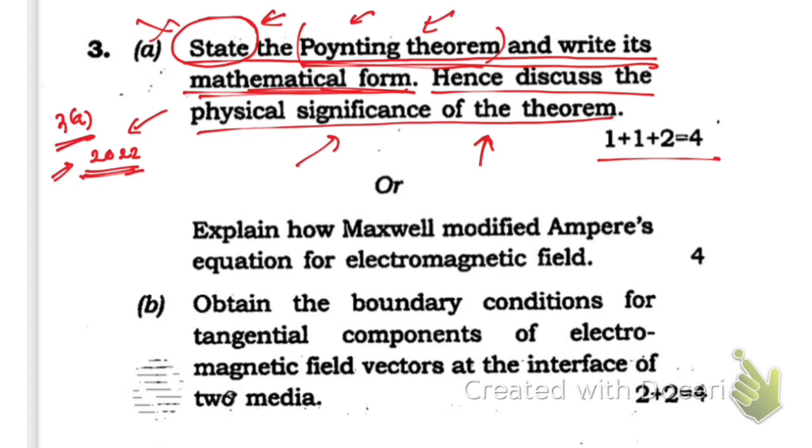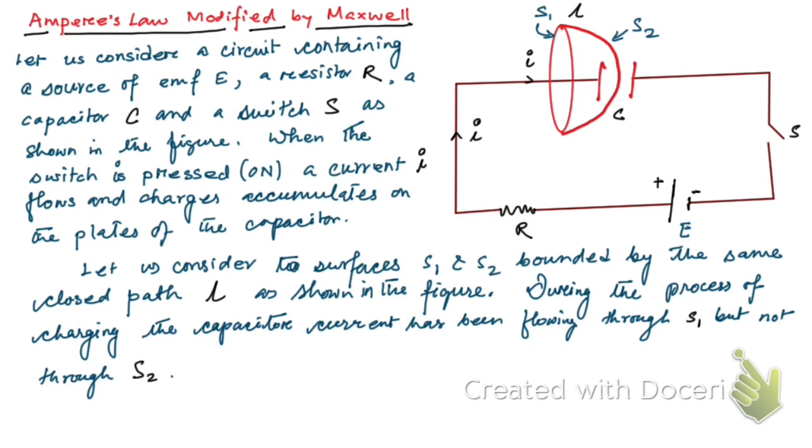Now you see next, 3A or: explain Maxwell's modified Ampere's equation for the electromagnetic field. Let me give you the answer to this question also. Actually I have explained this in the video where I explained all 4 Maxwell equations, but let me give you the answer again here. So here you see Ampere's law modified by Maxwell. We have considered a circuit, you can see in this diagram.